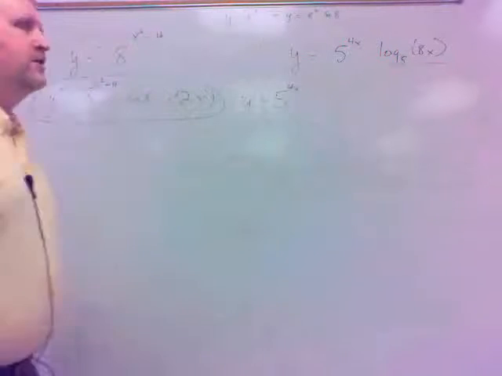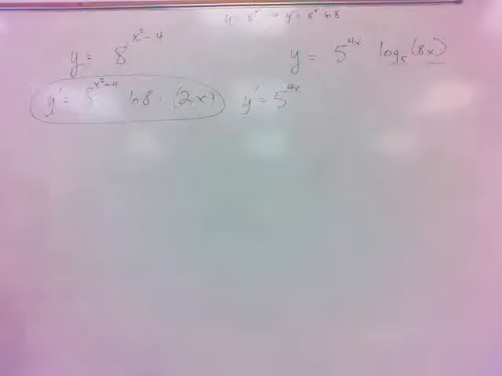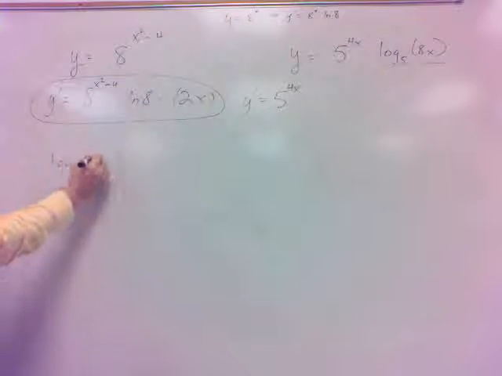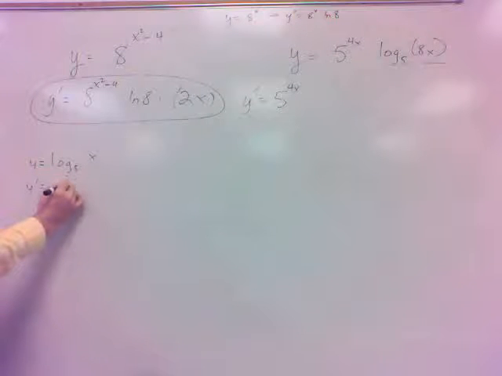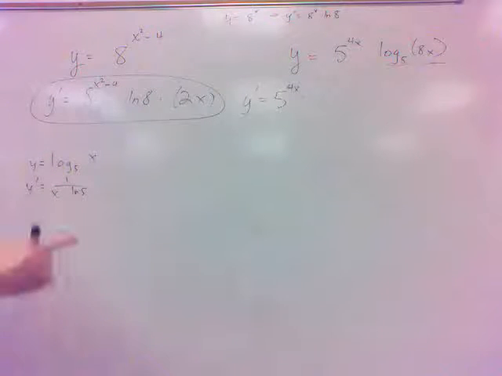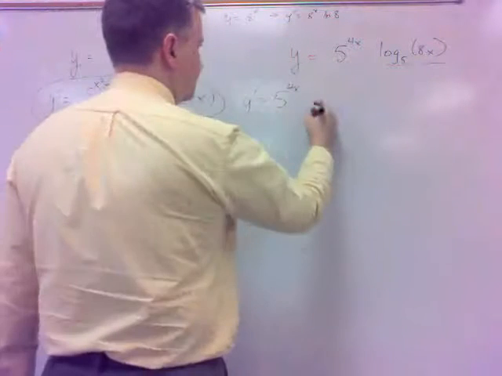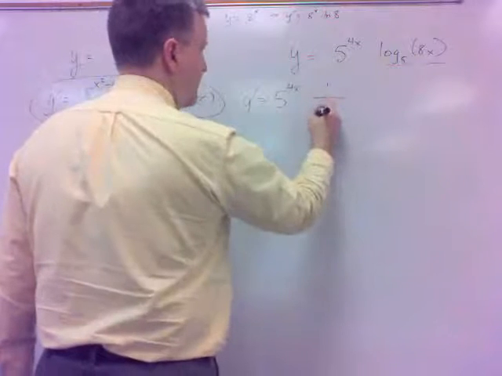All right. So the derivative of log. On the derivative of the log other than base e, if it's just log base 5 of x, then the derivative is 1 over x times, and then you multiply that by the ln of the base. Well, with log base 5 of 8x, wouldn't it be 1 over 8x?